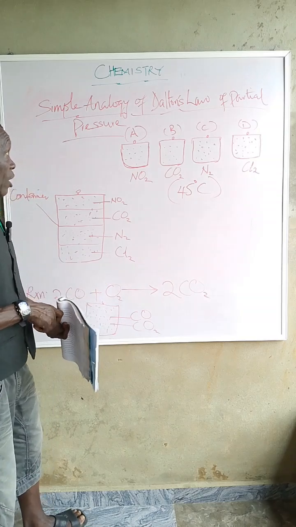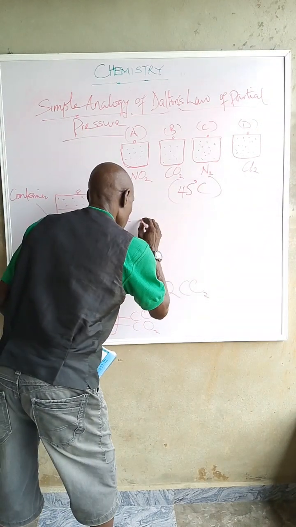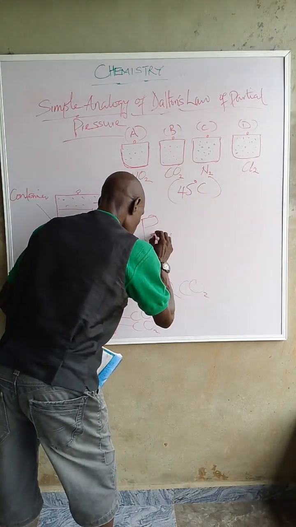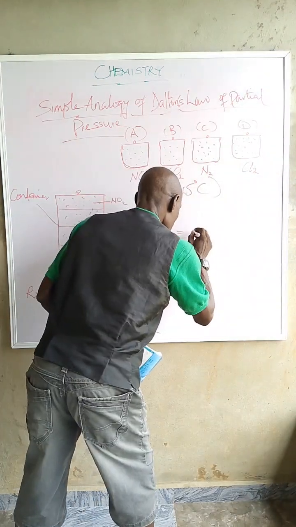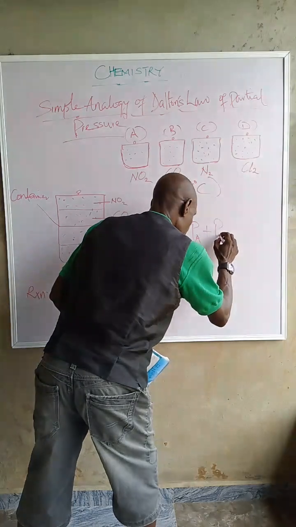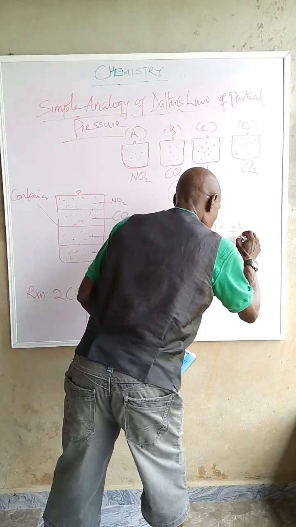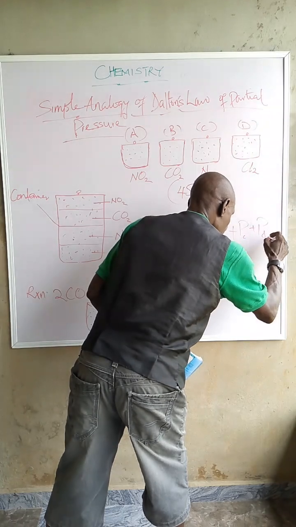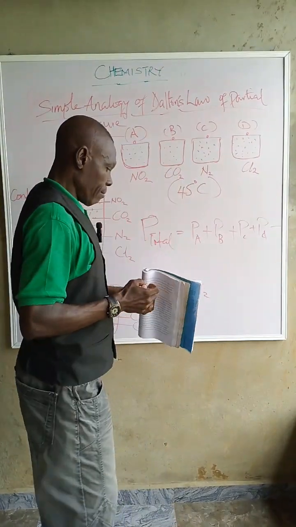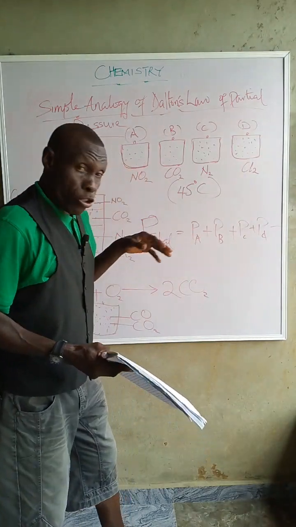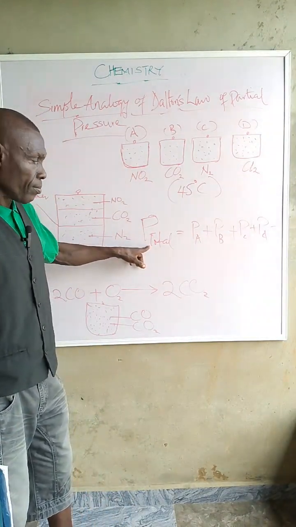Chlorine gas. That's why the formula comes like this. Pressure total is equal to partial pressure of A plus partial pressure of B plus partial pressure of C plus partial pressure of D, in that order. See, because it is the partial pressure of each of them that constitutes the total pressure.